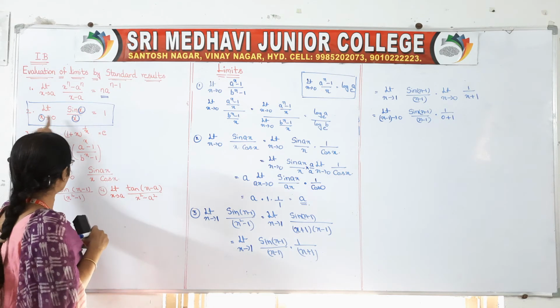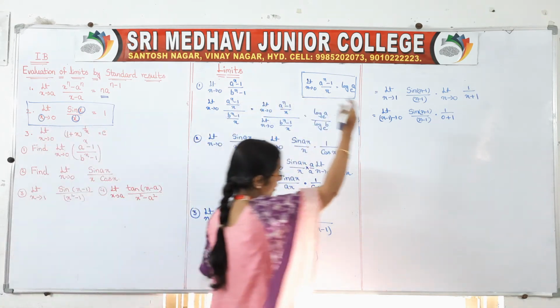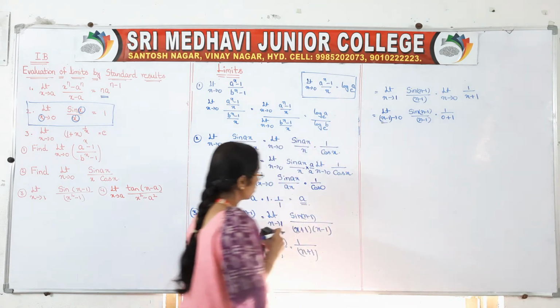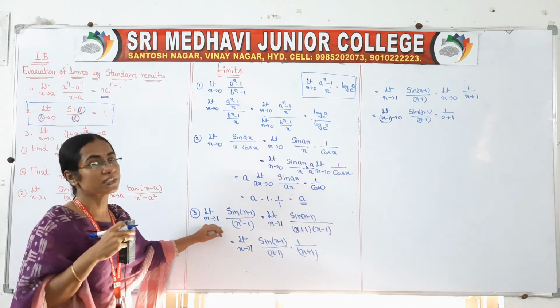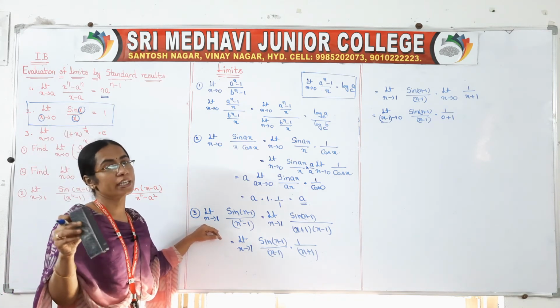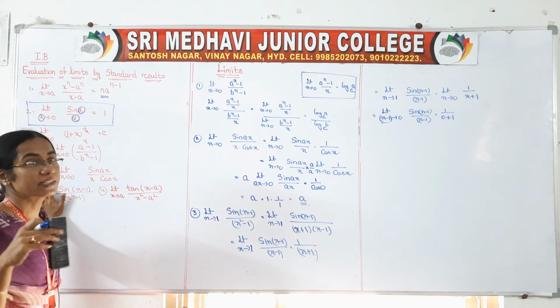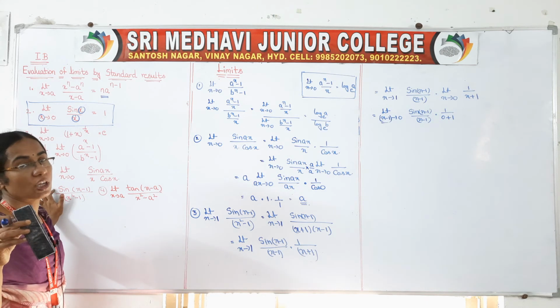This value, this value and this value must be the same. I checked and found that it should be x tends to 1. Don't take the limits wrongly. We have to check the problem twice before starting to solve it.